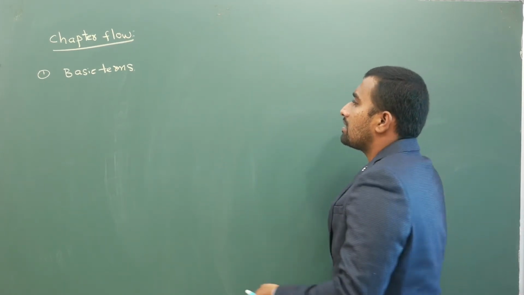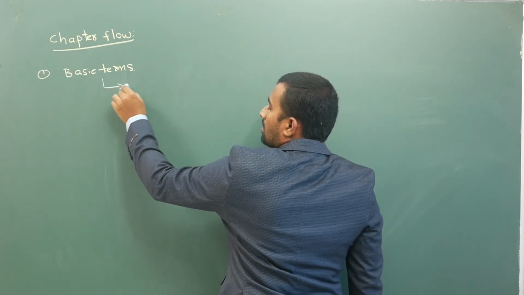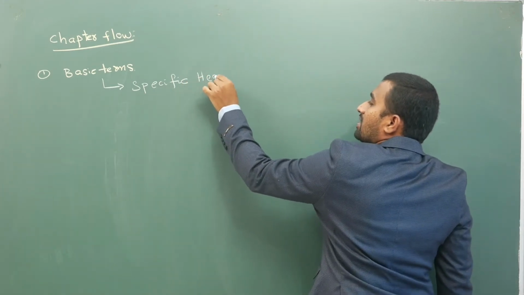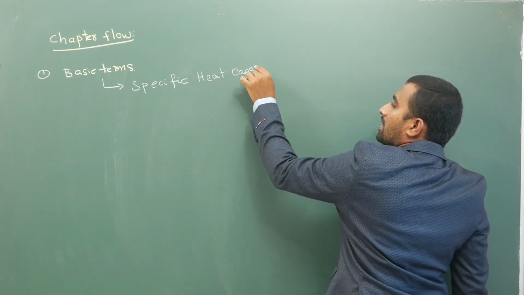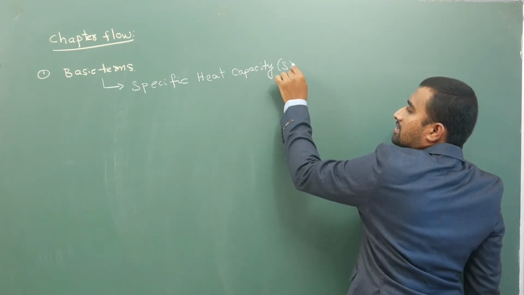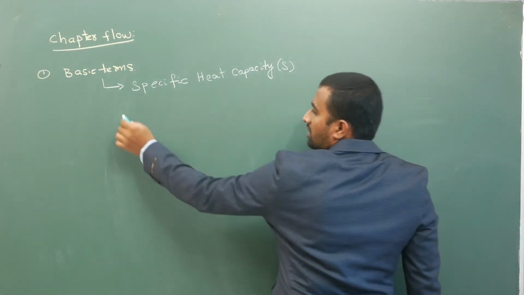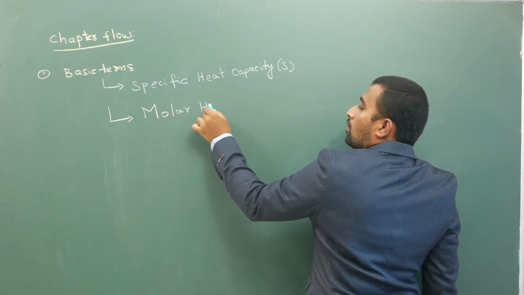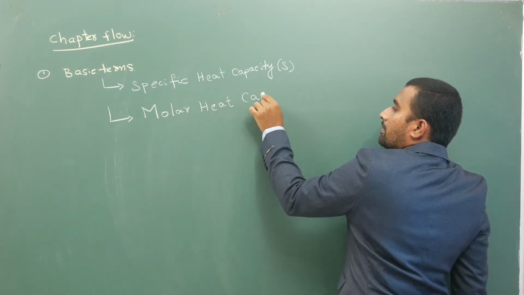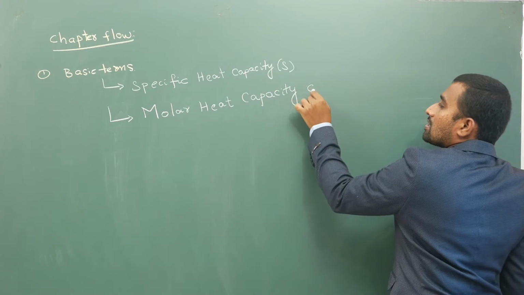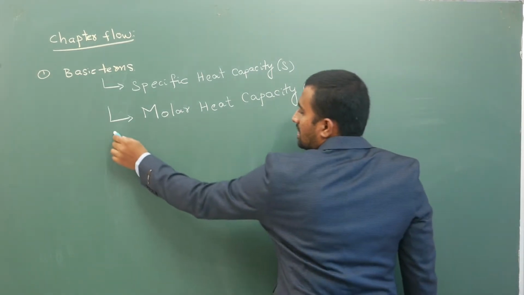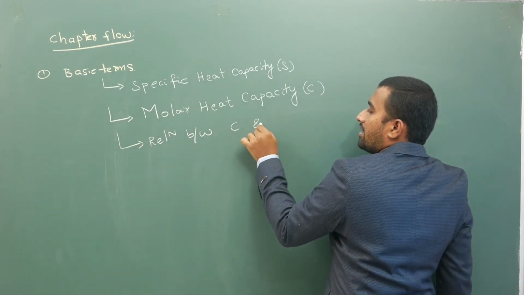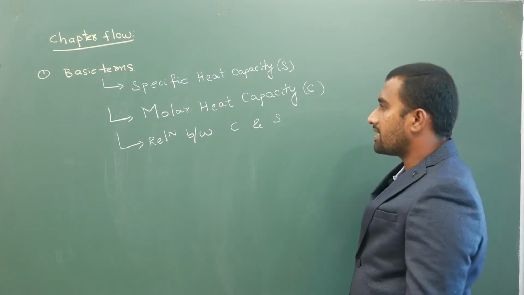The first term that I am going to use is specific heat capacity, represented by the symbol S. Next, after specific heat capacity, the next term is molar heat capacity, represented by the symbol C. Then we will see the relation between C and S, that is heat capacity and specific heat capacity.